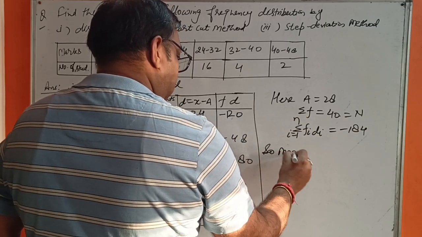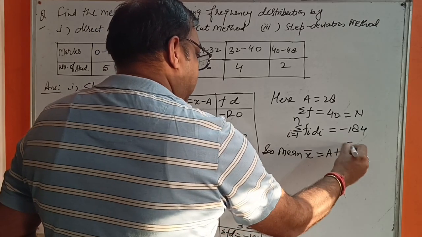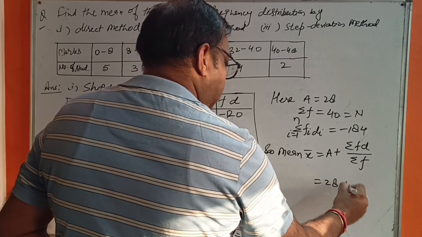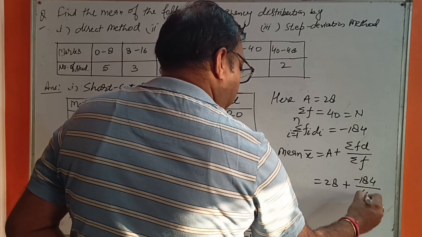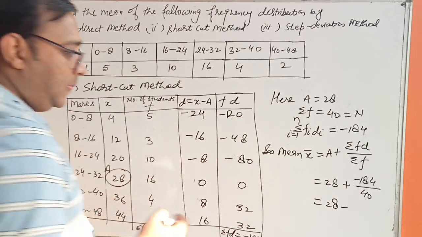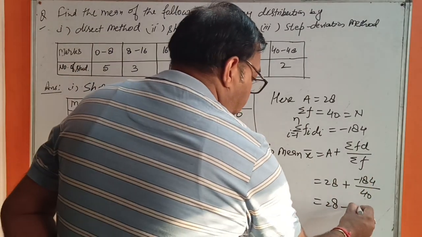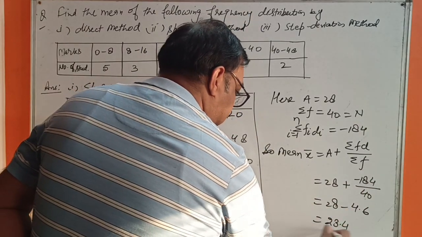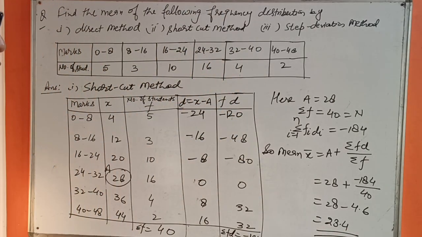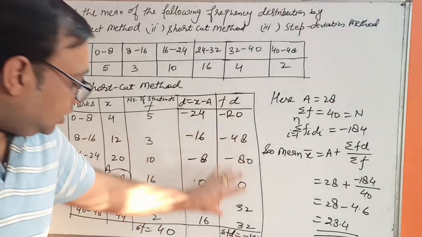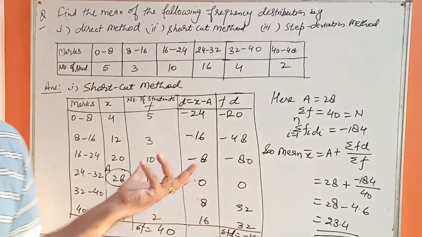So mean x bar is equal to A plus sigma FD upon sigma F. So 28 plus minus 184 upon 40, or 28 minus 184 divided by 40, that is 4.6. So it will be 23.4. The result is the same as the previous method. The only difference is the data is smaller than the previous data.